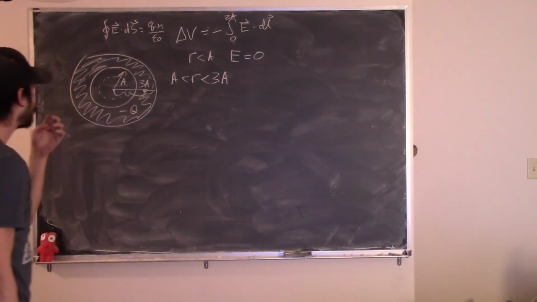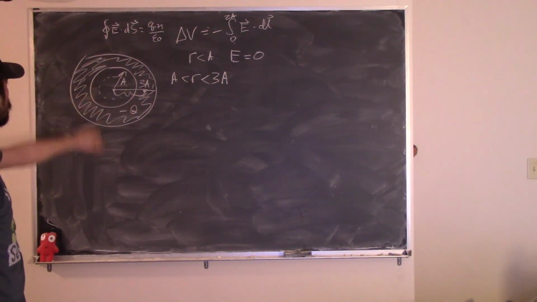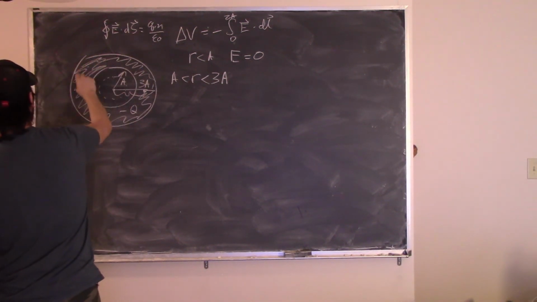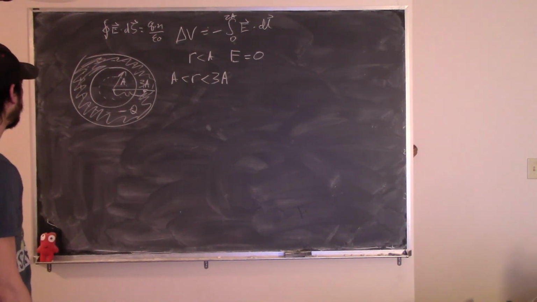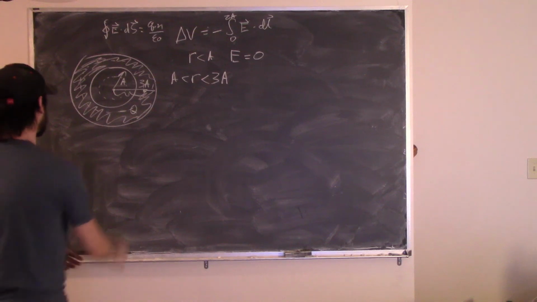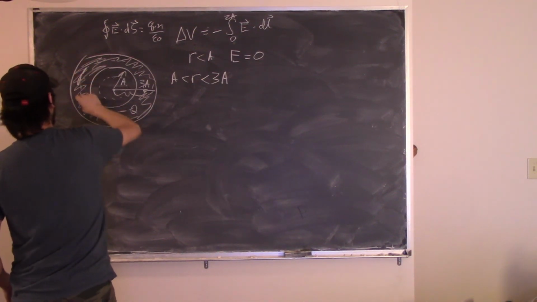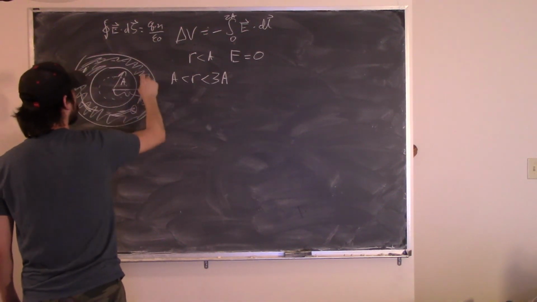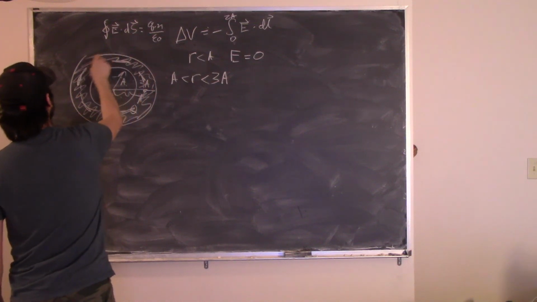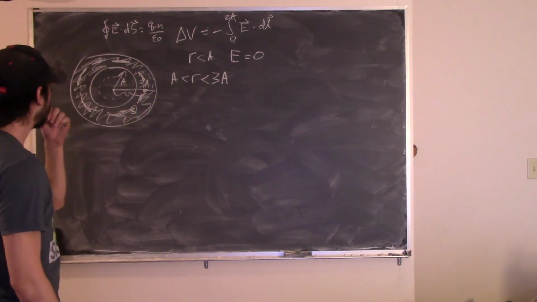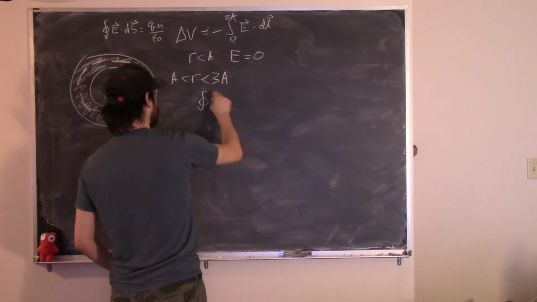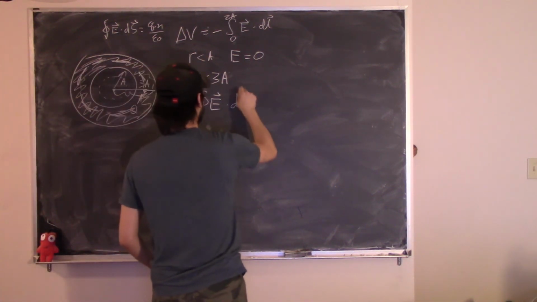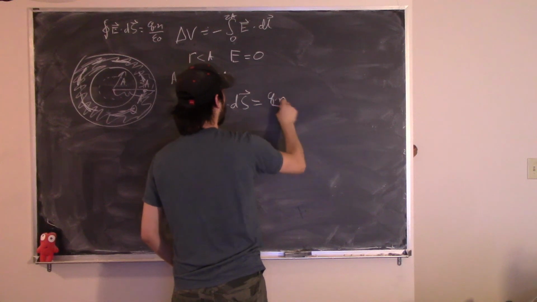Now, the next case is the region between A and 3A. That's the Gaussian surface that we have. It's a little hard to see because of the way I shaded it. Here we need to evaluate Gauss's law: the integral of E dot dS is equal to Q enclosed divided by epsilon naught.